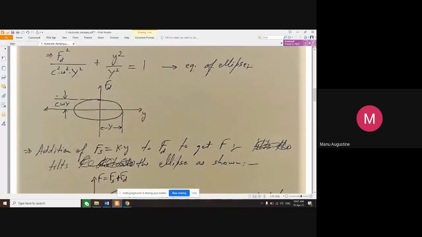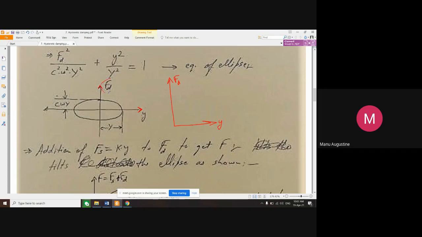So Fd has to be taken on the y-axis and y has to be taken on the x-axis. You could put it the other way around also, y on the y-axis and Fd on the x-axis. But since it's a general protocol to put your dependent variable on the vertical axis and the independent variable on the horizontal axis, that is why we have chosen to put small y on the horizontal scale and Fd on the vertical scale.